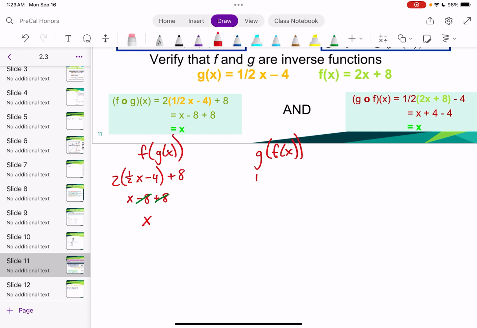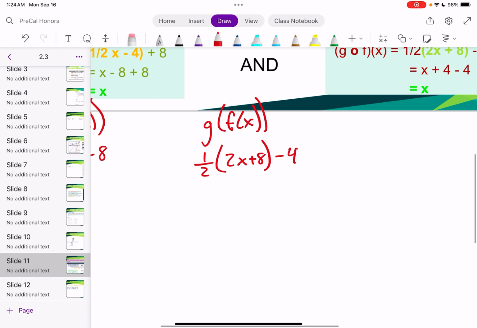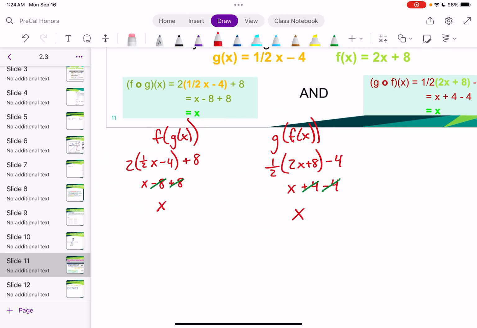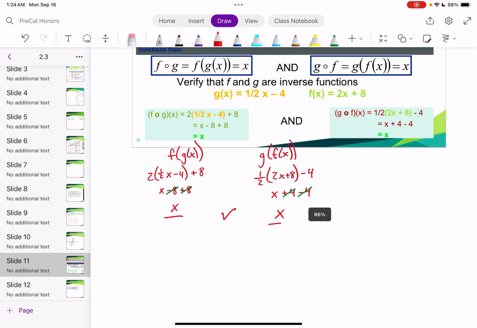So we start off with 1/2 times 2x plus 8 minus 4. 1/2 of 2 is x. 1/2 of 8 is 4, minus 4. Keep in mind, minus 4 and plus 4 cancel off. X would be your final answer. Because we have an x on the left, we have an x on the right. Both are inverses of each other.